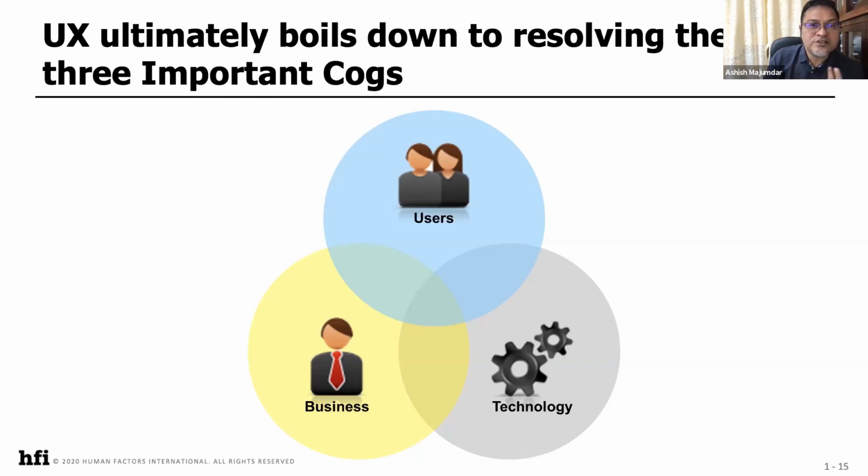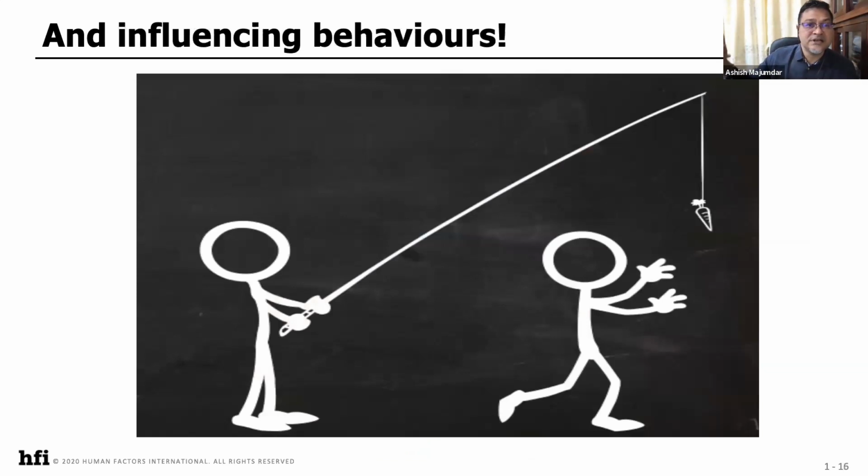So how do you resolve this? And with that, how do you influence the behavior of your users? This is the key part of what you will learn, or what you must know as an experience designer. How can I influence behavior? Right?